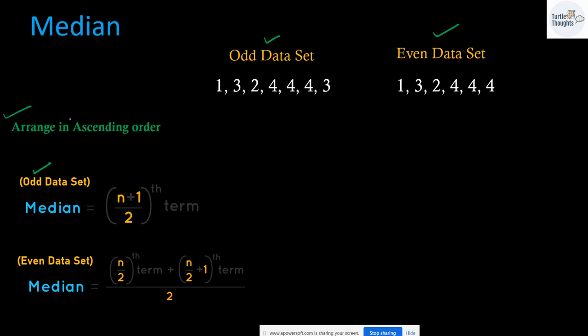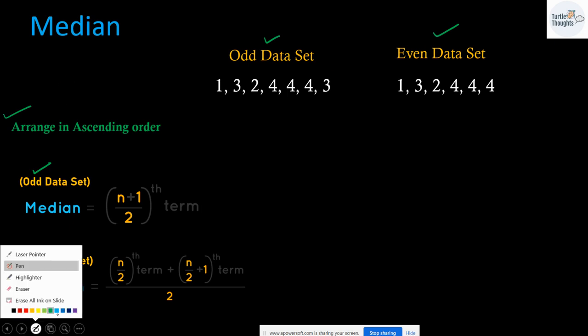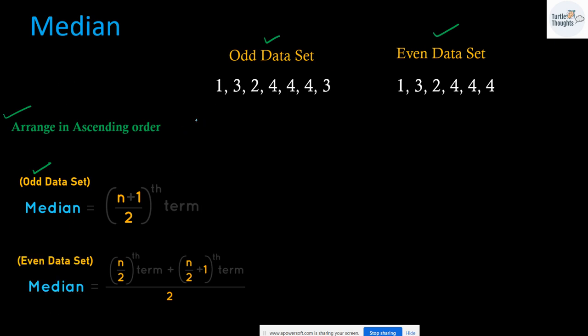First step in both is going to be arranging them in ascending order. So I can start with writing 1, and then 2, 3, 3, 4, 4, and 4. Next, 1, 2, 3, 4, 5, 6, 7.